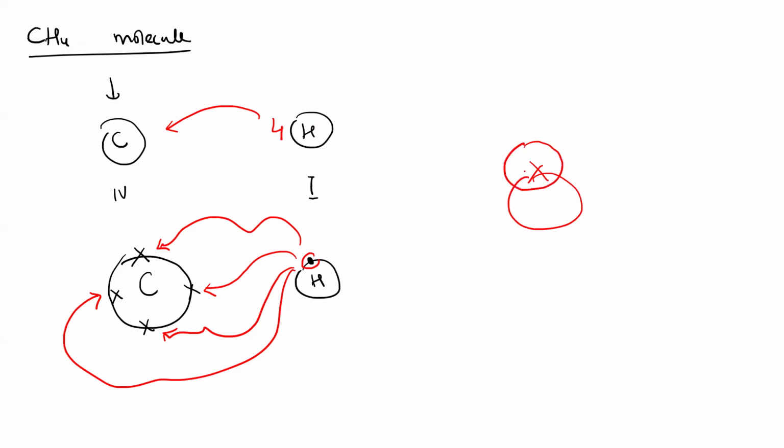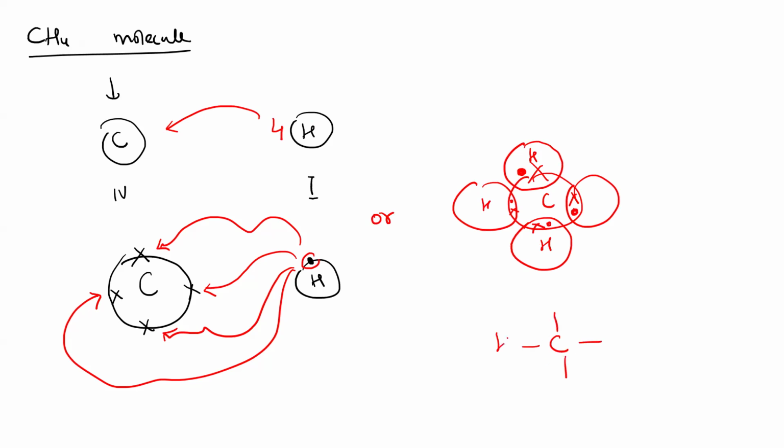Hydrogen being overlapped here, dot and cross, that's carbon. Here, dot and cross, here, dot and cross, here, dot and cross. So now, this is a single covalent bond between carbon and hydrogen.